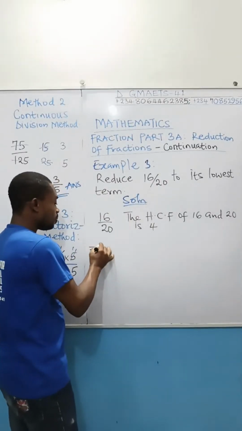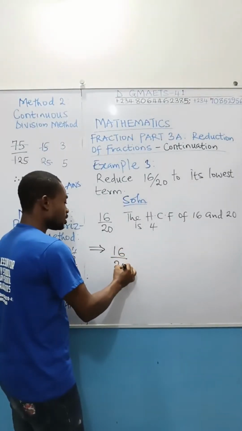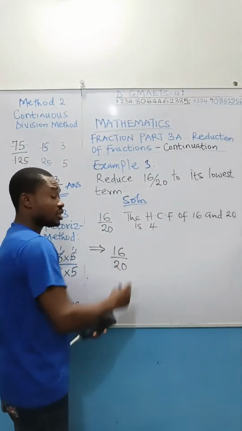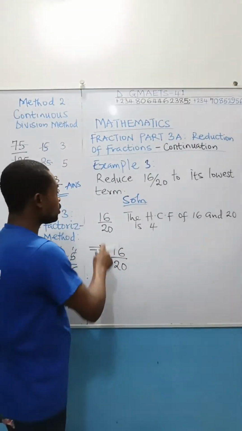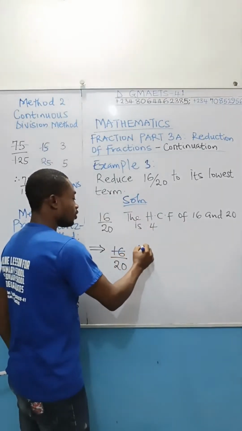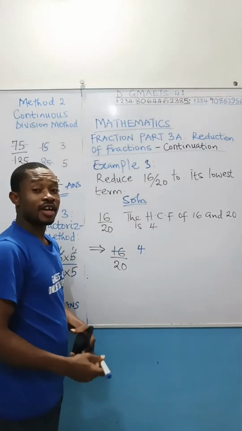Therefore, 16 over 20 will now be equal to, let's find out, using 4, the HCF, to divide. 16 divided by 4 gives us 4, and 20 divided by 4 gives us 5.